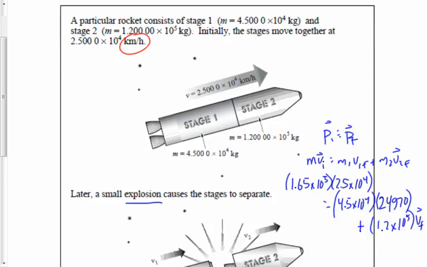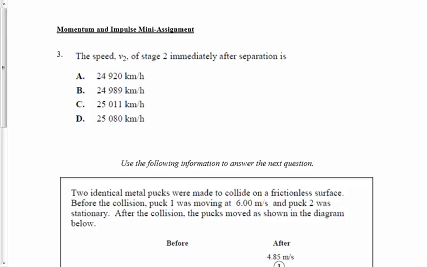Hey, there's 2 that you probably could have eliminated and guessed between 2 if you had to. Which 2 could you eliminate in this one? Put them up on the board here. Which 2 could you have eliminated probably right away before doing any calculations? Go ahead, Nathan. Yes, A and B. How come? Because they're less than 25,000. Good.